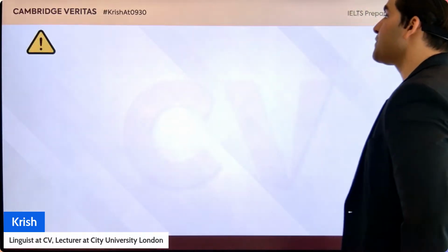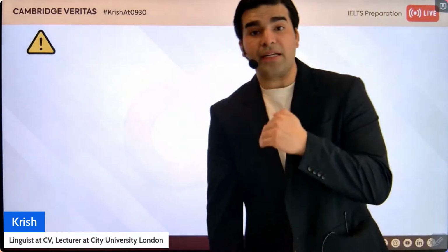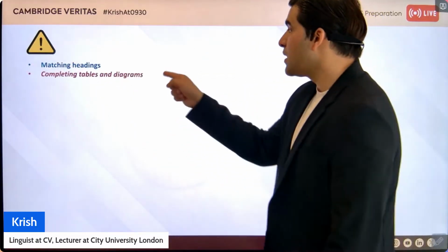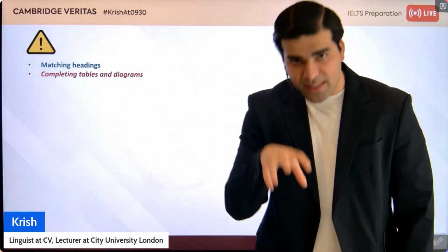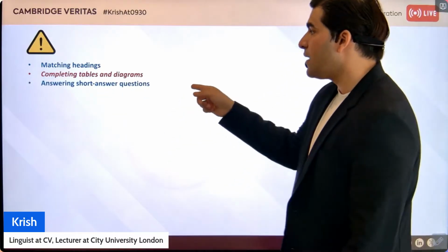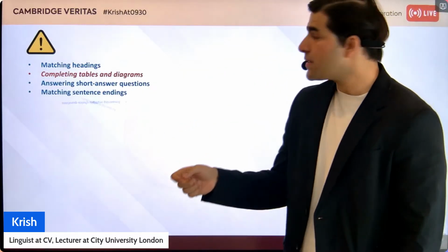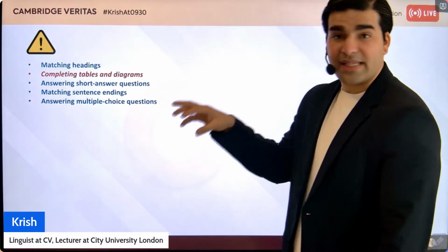Okay, let's move ahead. Now, there are different types of these. There's matching headings, completing tables and diagrams. This is what we have done today. Then there is answering short questions. Then there is matching sentences. Then there is matching sentence endings.